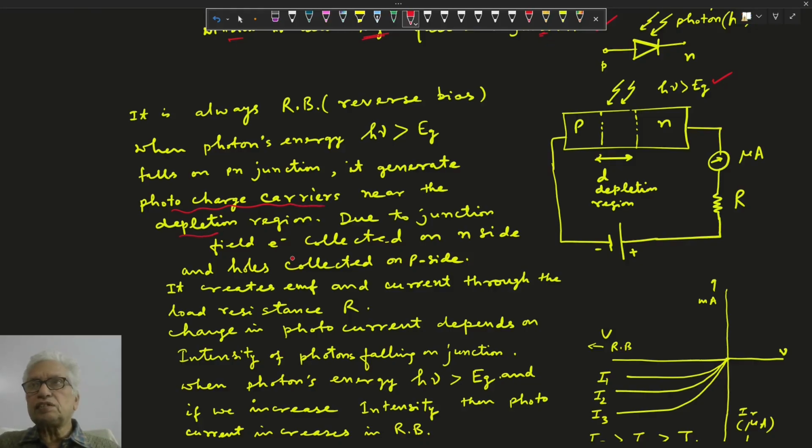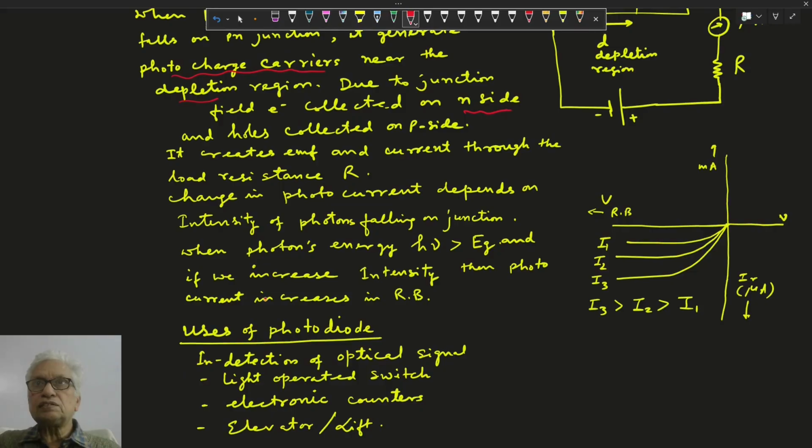Here, due to the junction field in reverse biasing, electrons move towards the N side and holes move towards the P side, because of this barrier field, and the applied field is supporting it. So electrons are collected towards the N side and holes towards the P side, which creates EMF and current through the load resistance R. This is the photo current.